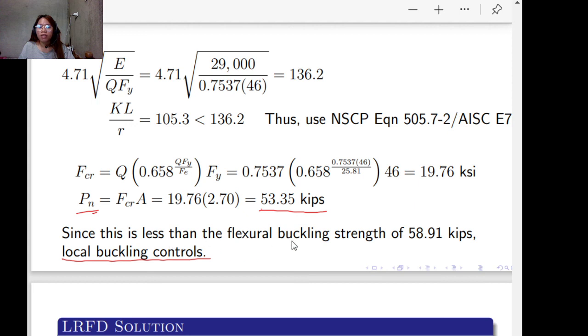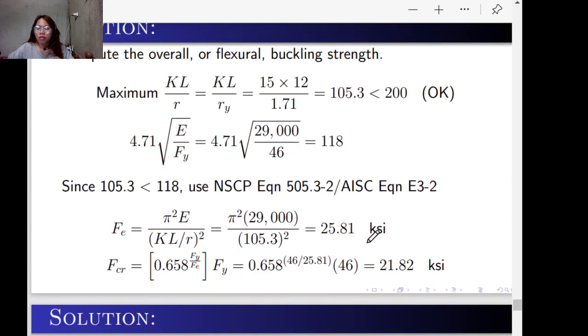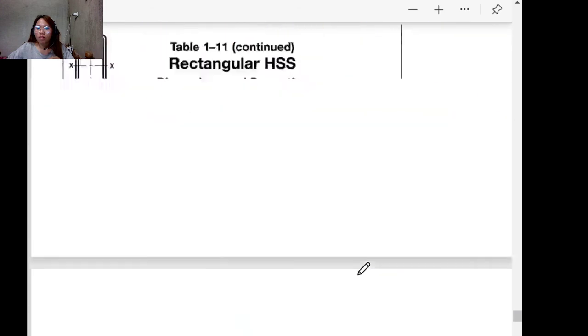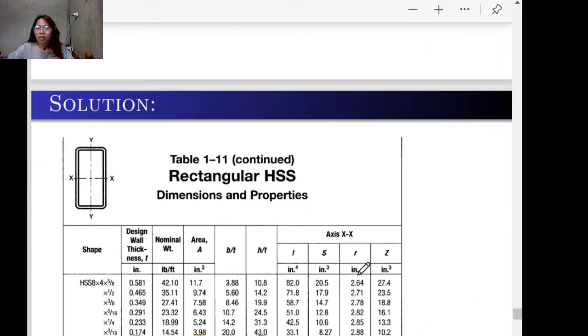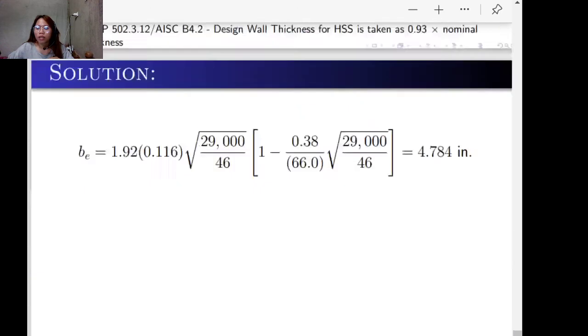Since it is less than the flexural, meaning this buckling, local buckling, will control in the design. The flexural buckling strength is the one computed earlier, global, which is 58.91.